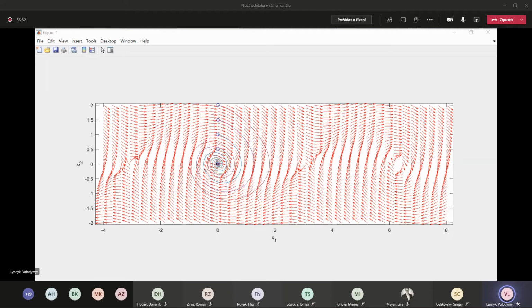One moment, I try to enlarge this figure and try to add one more initial condition. For example, try this one.